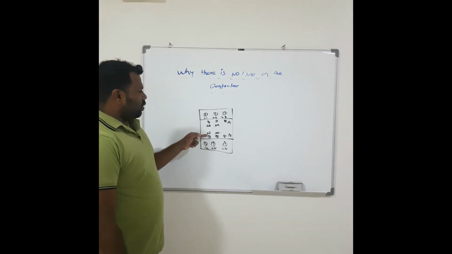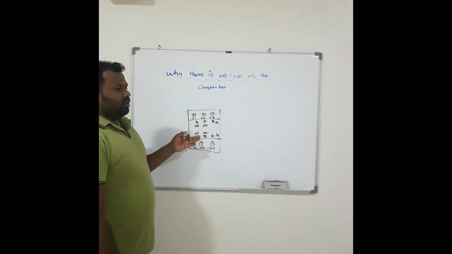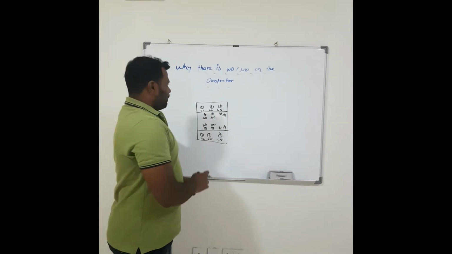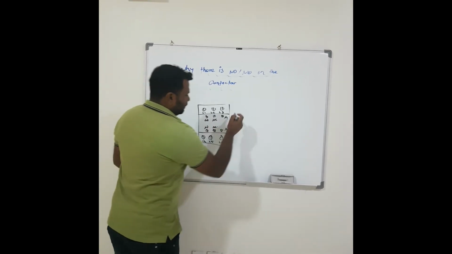Obviously we know the use of A1 and A2: A1 A2 is for the coil supply. So this is one type of contactor.